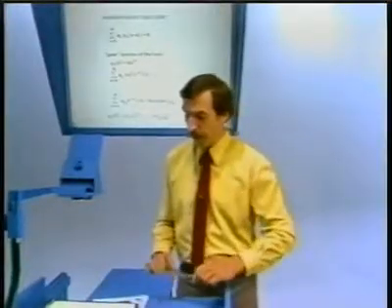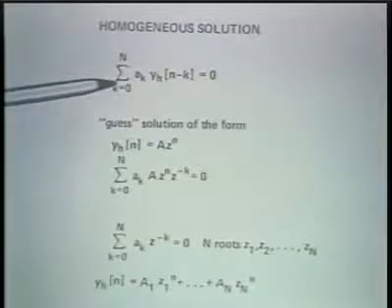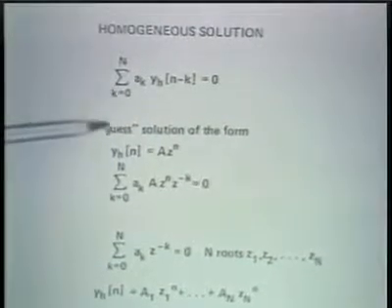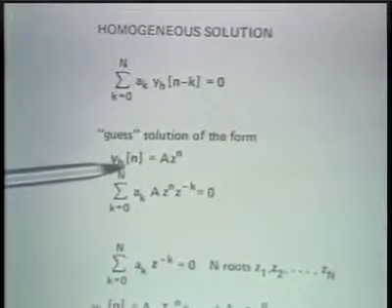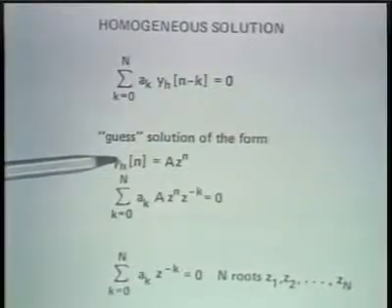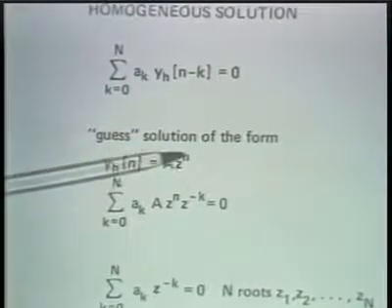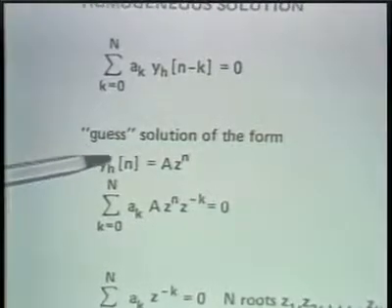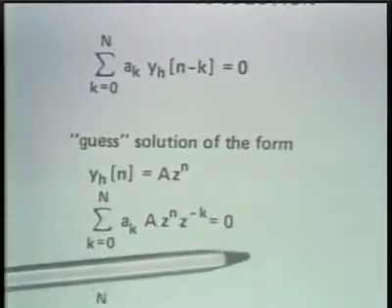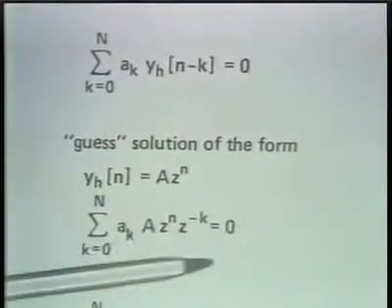The homogeneous solution, again, is of the form of a linear combination of exponentials. Here we have the homogeneous equation. As with differential equations, we can guess or impose solutions of the form A times an exponential, z to the n. When we substitute this into the homogeneous equation, we then end up with the equation that I've indicated here.